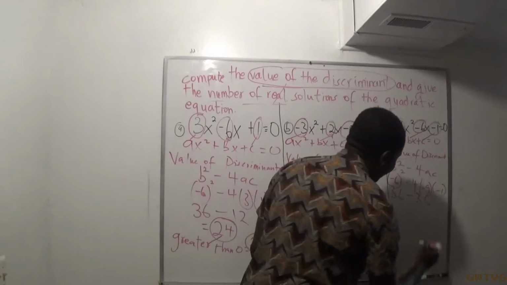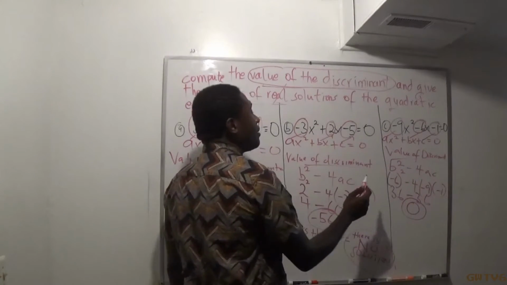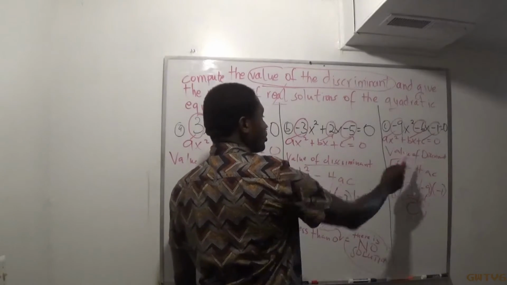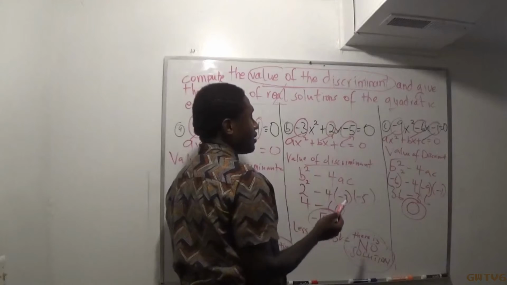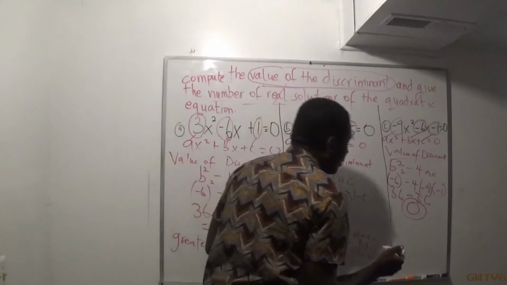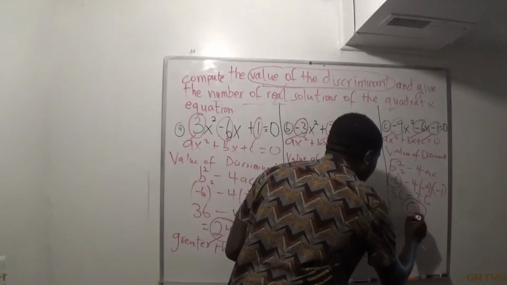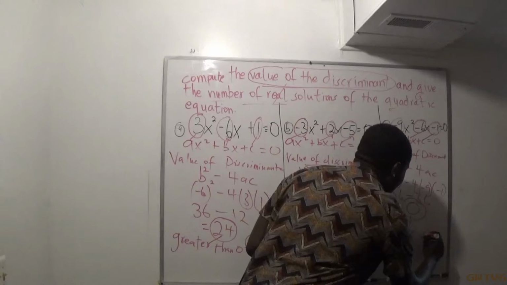That is 0. So that will be my value of the discriminant. Now, what is the number of real solutions then? Anytime I have 0, I'm going to say there is one solution.